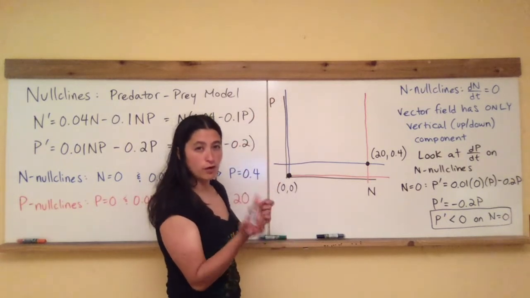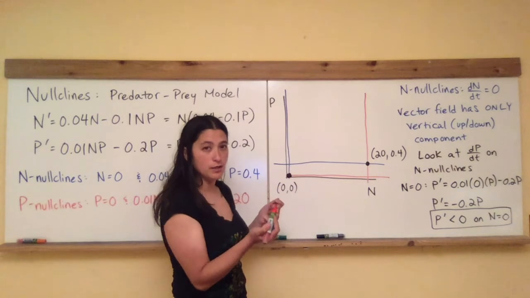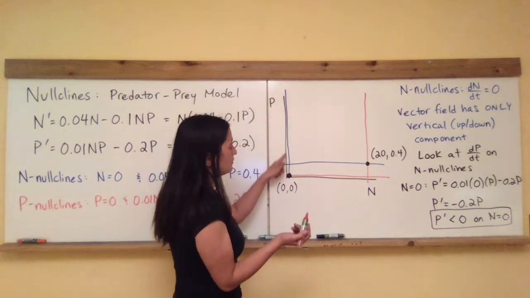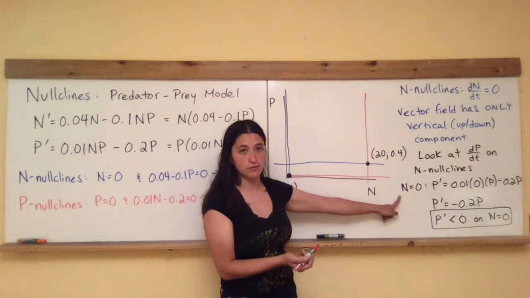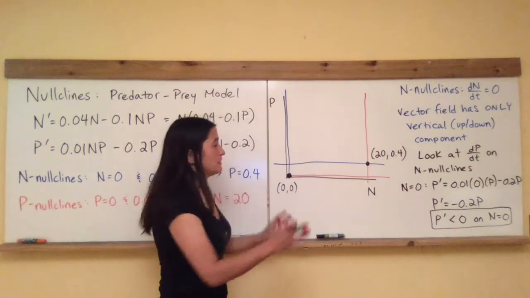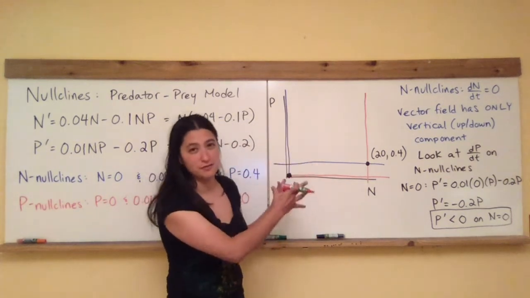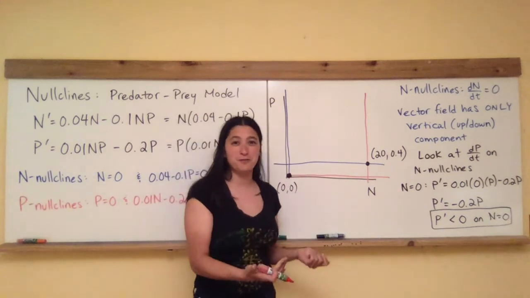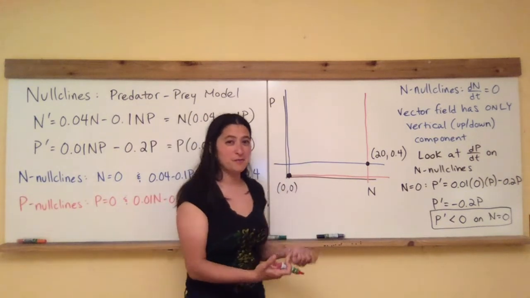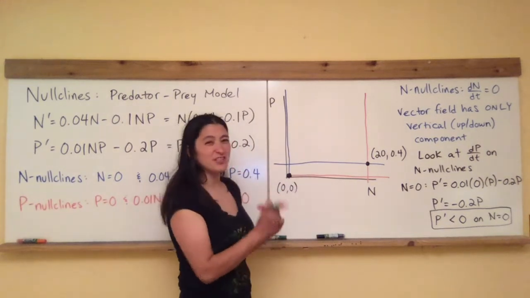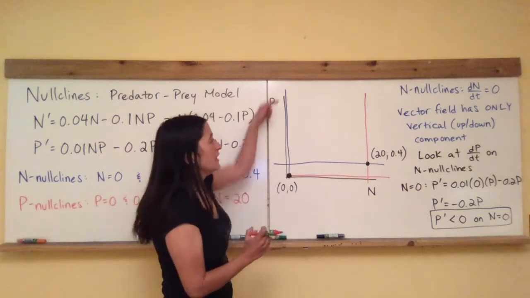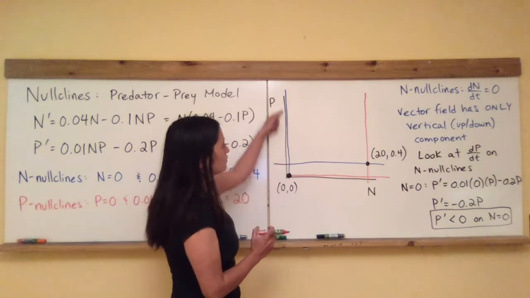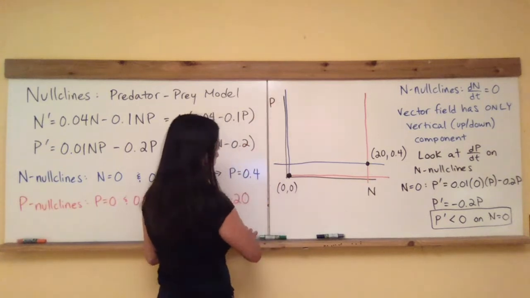I'm going to draw it in red because it's an up or down component, but I'm going to draw it on the n nullcline because that's where I'm doing my analysis of the vector field. It would be really hard for me to just draw the whole vector field. That would be magical. That's what we have computers for. For me, as a human, I really have to just pinpoint one little space to work in at a time. And I'm just going to work right here on the n equals 0 line.